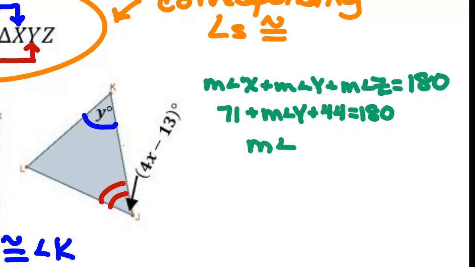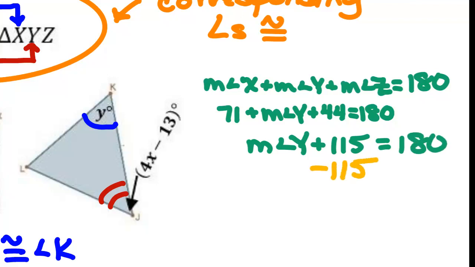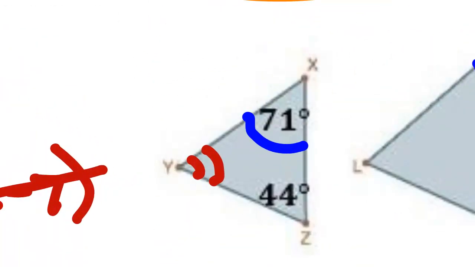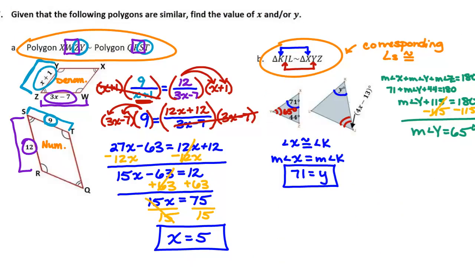So the measurement of angle Y plus 115 equals 180. We're going to subtract 115 from both sides. So how big is angle Y? 65. So I'm going to add that to the picture. This is 65 degrees. So how do we find X?